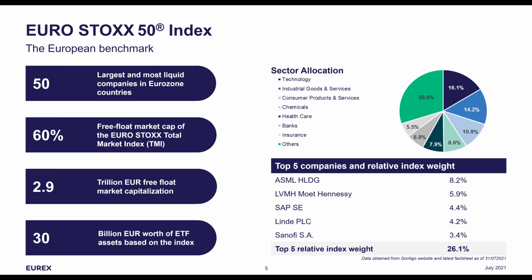So it's covering the top firms in the European zone. Also here, when we look at the free float, we're having about 60% free float market cap of the Euro STOXX total market index. Also here, I think a very, very big component.